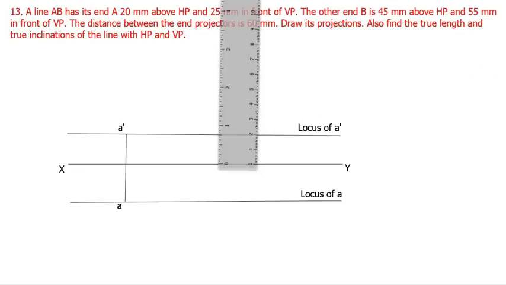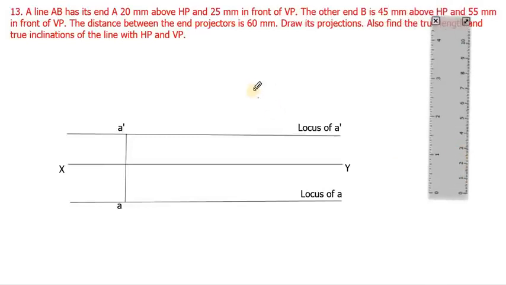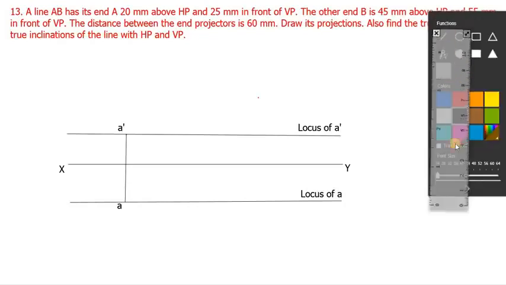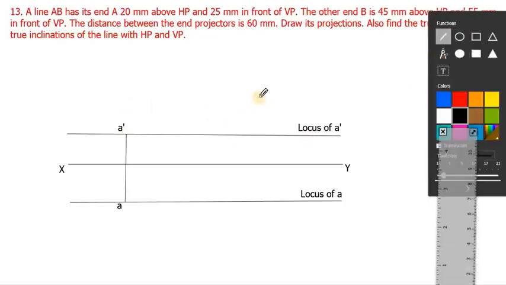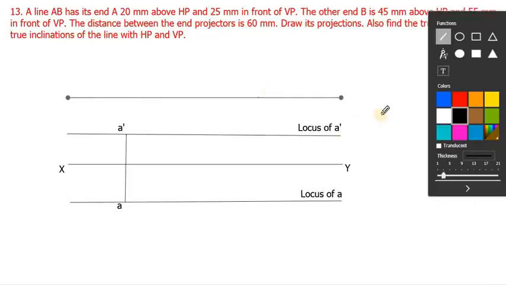So this is the point, 45. This is not the B dash or B1 dash point. This is the reference point to draw the locus of B dash. So draw a straight line crossing this point, that should be parallel to the locus of A. So this line is the locus of B dash. This is the line where the B1 dash point and B dash point will meet.